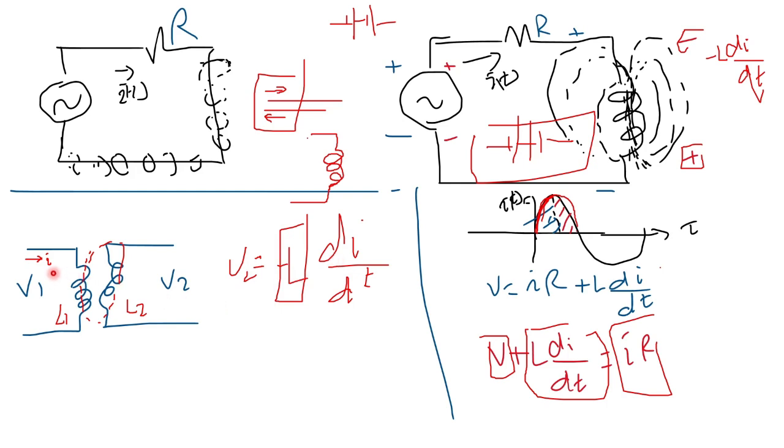Now, if we have a circuit where one coil, L1, is supplied by AC current, a magnetic field would be generated around L1, and the voltage drop on L1 due to this current would be minus L dI by dt, and this is called self-induction.